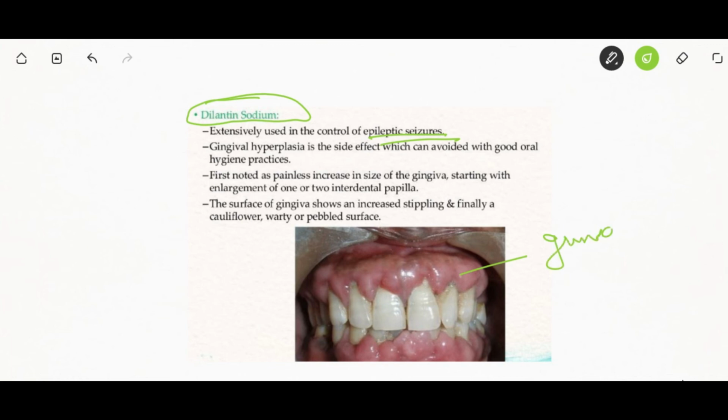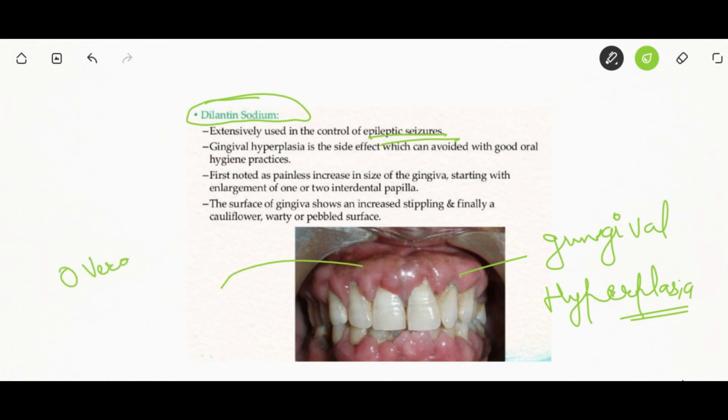Gingival hyperplasia will begin as early as 2 weeks after Dilantin sodium therapy, and it will take 2 to 3 months to develop. The first change you will note is a painless increase in the size of the gingiva. There will be enlargement of the interdental papilla.